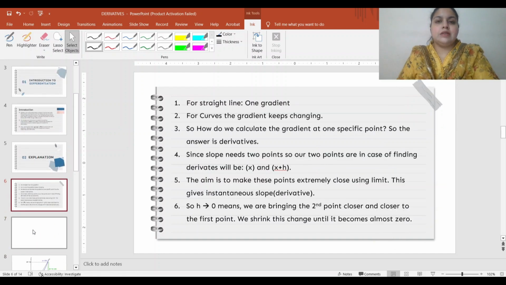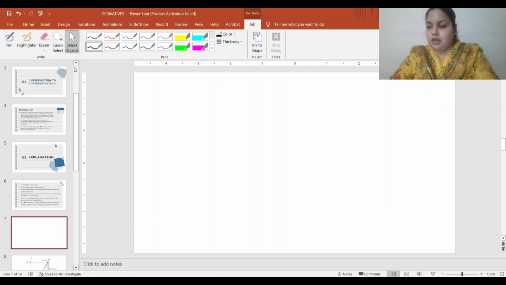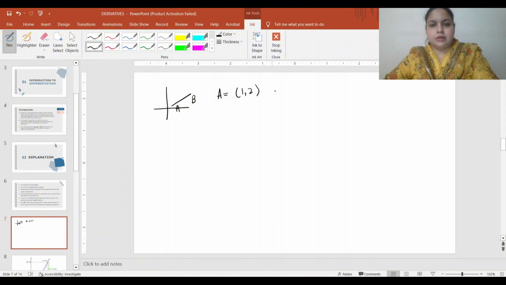Let's quickly look at an example, a problem. I have a straight line and I need to find its slope. This is point A, this is point B. A is (1, 2) and B is (3, 6).